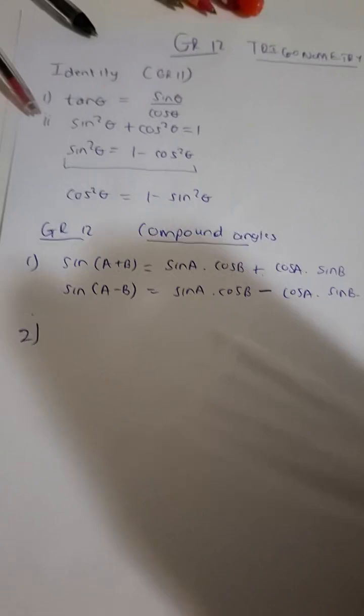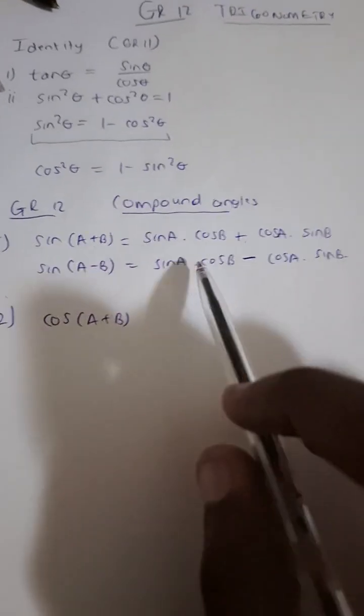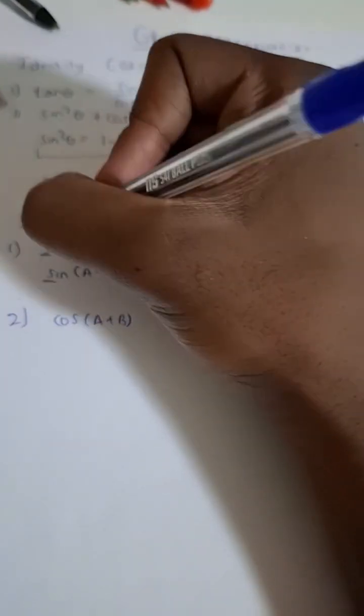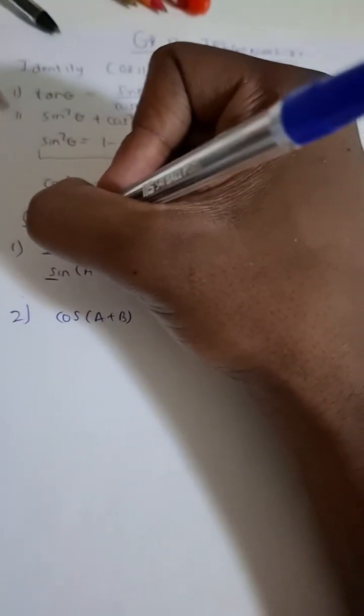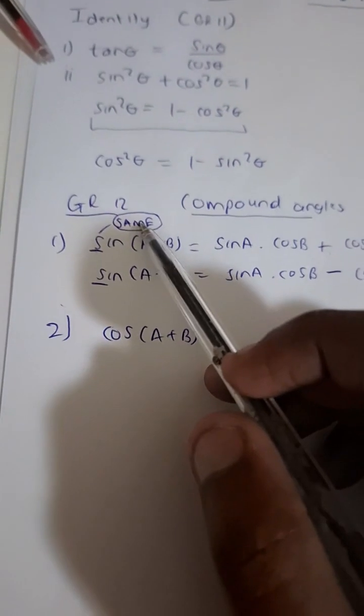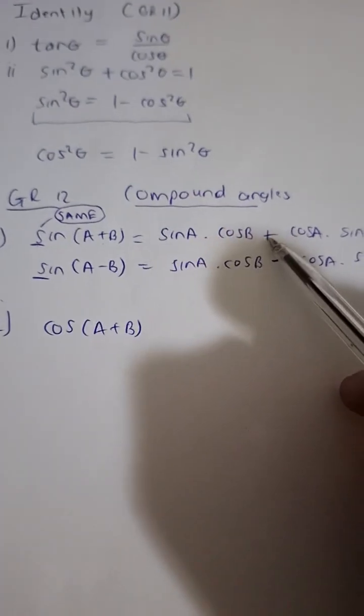There's another compound angle for cos: cos A plus B, slightly different from this. The way I remember is that sine means same. The S for sine means same sign. If it was positive, you have positive in between; if it was negative, you have negative.